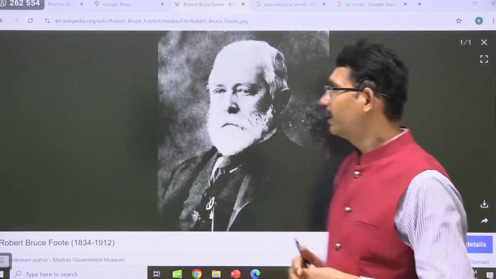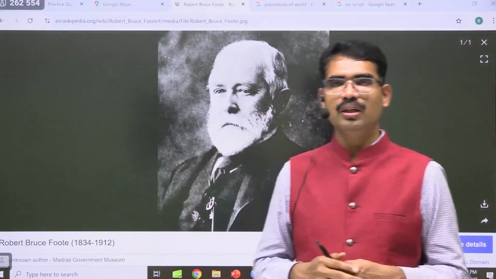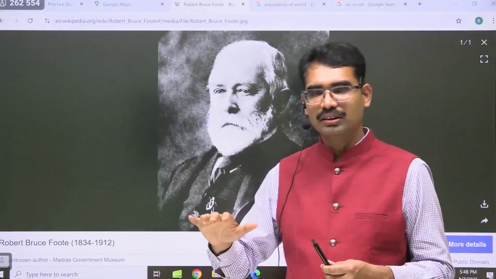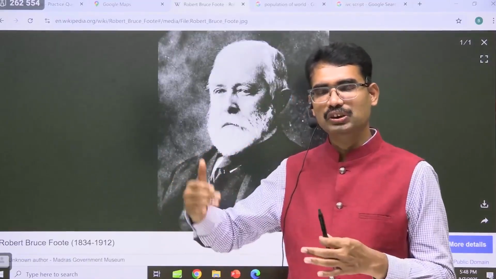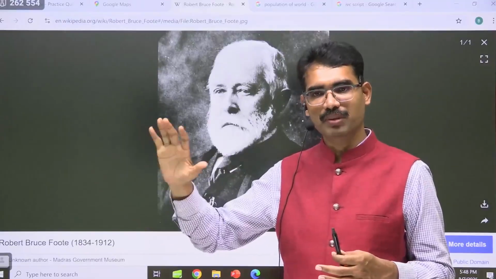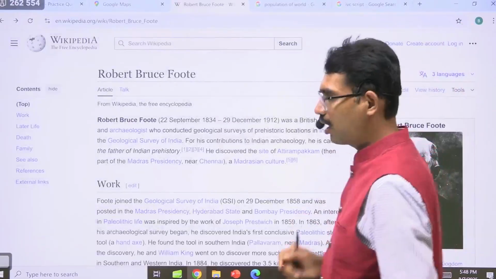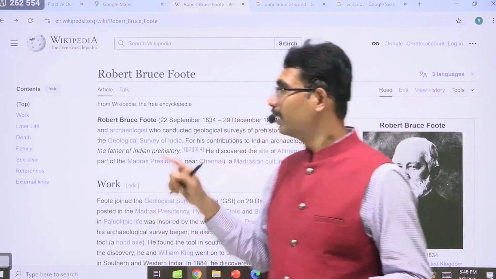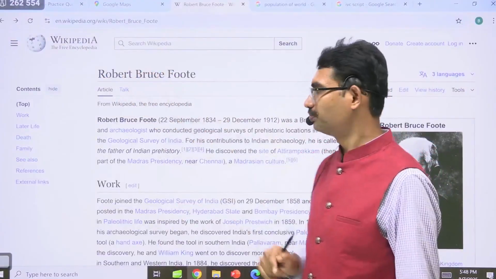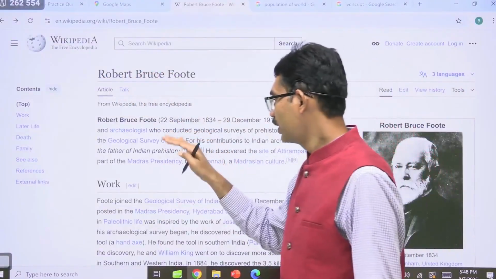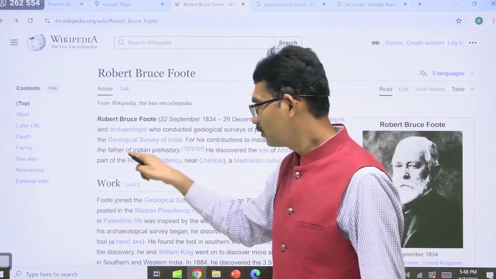This gave evidence that in India, people did not come only from the Vedas, but much long before the Vedic age itself, people were there. The person who identified that Paleolithic tool is Robert Bruce Foote. Remember, this is a prelims question. He was a geologist and archaeologist. He is called the father of Indian prehistory.